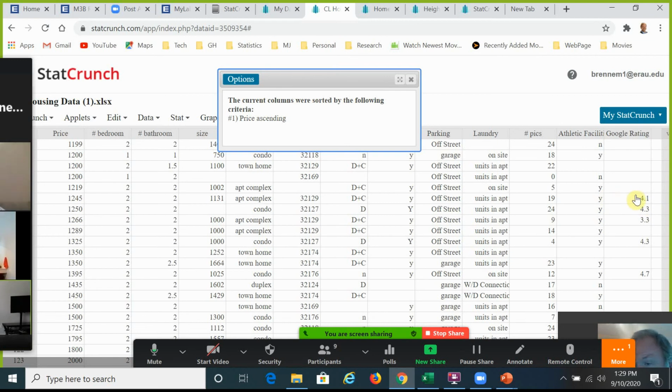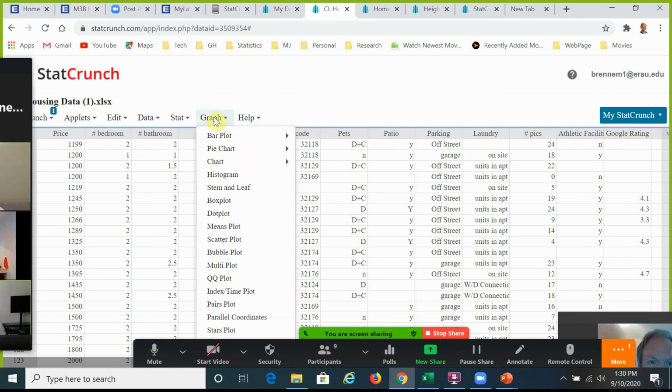If I wanted to study the relationship of Google rating to price, I would have to delete all the rows that don't have Google ratings. But in this class, we're going to look at just one variable, so we don't have to worry about the rest of the data set for now. It's an excellent question.